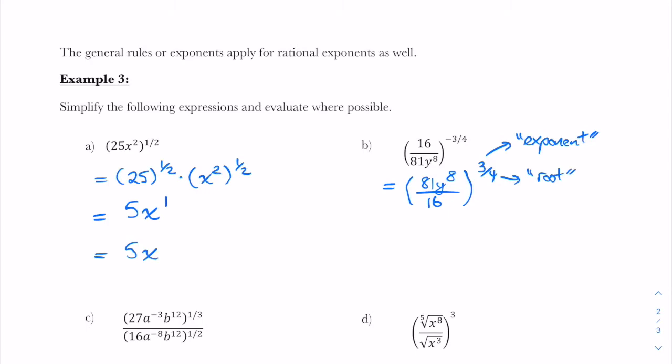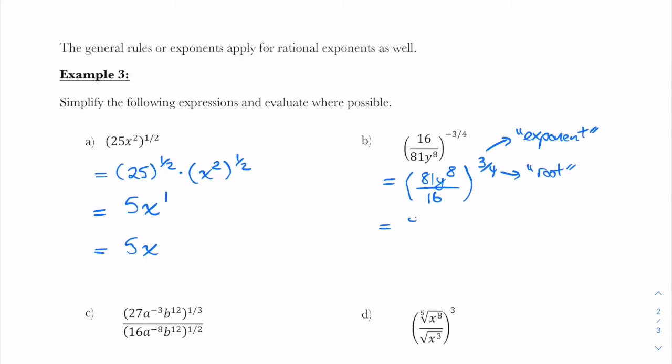As we saw on the previous page, the order that you do these operations in doesn't matter. So I'm going to do the root part first and then apply the exponent of 3. So this is equivalent to the 4th root of 81 y to the 8th all over 16, and now that is all raised to the exponent 3.